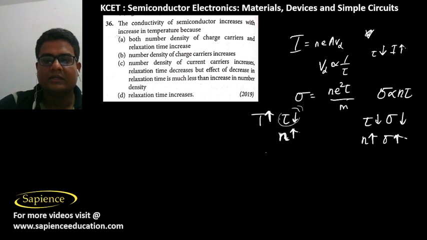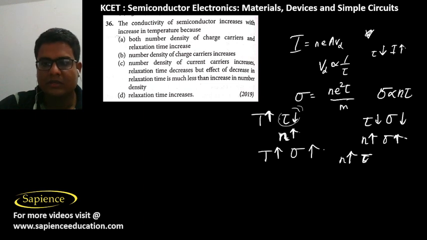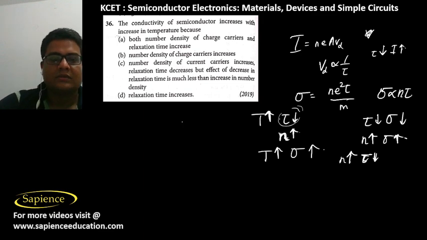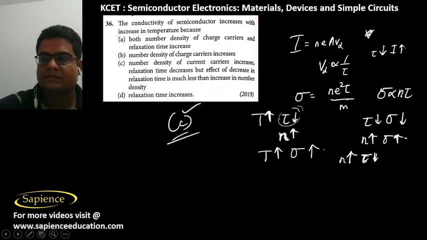So the net effect is that when the temperature increases, the conductivity of the semiconductor increases, since n increases more and the relaxation time tau decreases less. So option C is the correct answer.